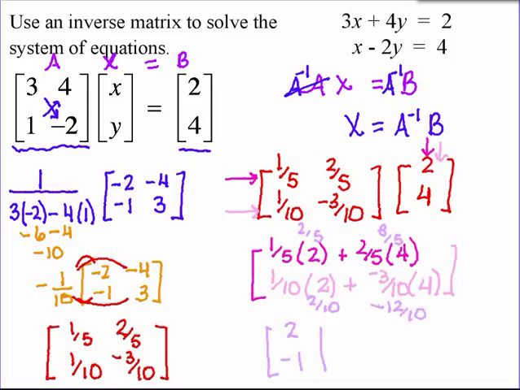So my solution, which I need to write as an ordered pair because that's how we write solutions to systems of equations, is (2, negative 1). I'll give you a few seconds to finish writing that down, then we'll move on to the next example.